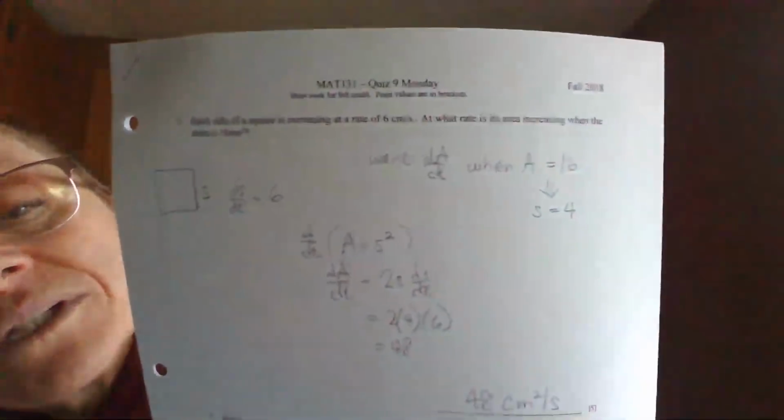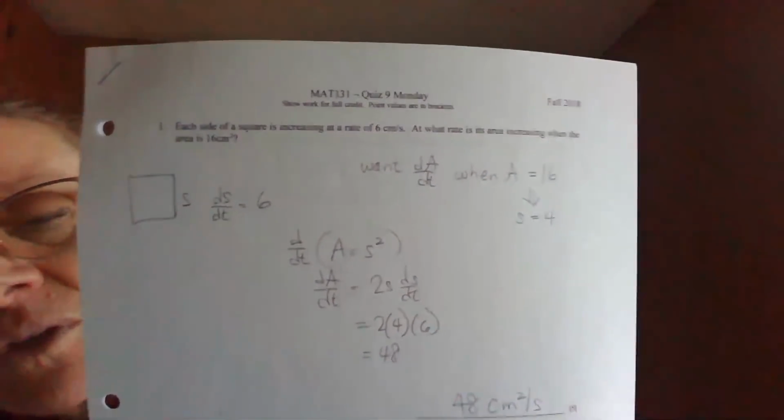Okay, L'Hopital's. All right, we can go over that. Actually, we did, but I did it in the other review, so we definitely can do it. All right, so question 1 on quiz 9.